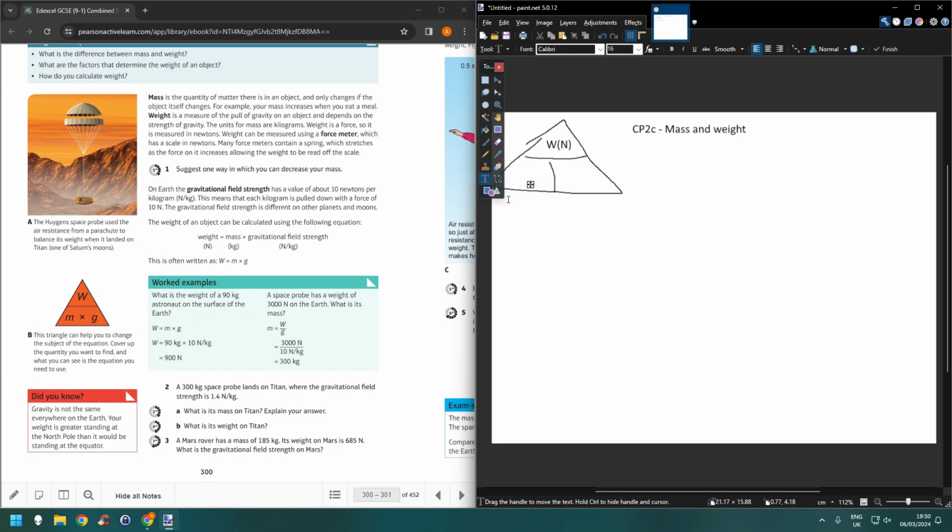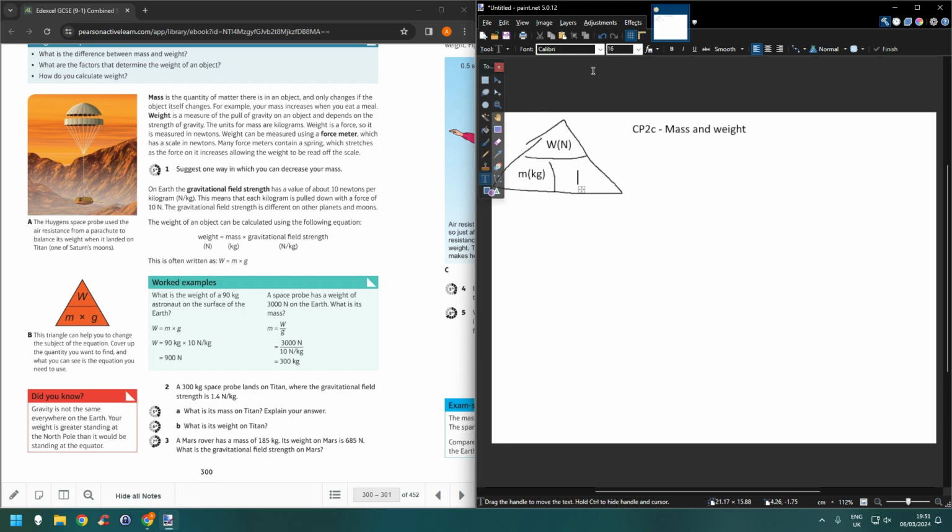Down here, you've got mass. That's a lowercase m, which is measured in kilograms, or grams or kilograms, obviously. Just the metric system. And finally over here you've got the most important one, gravitational field strength.